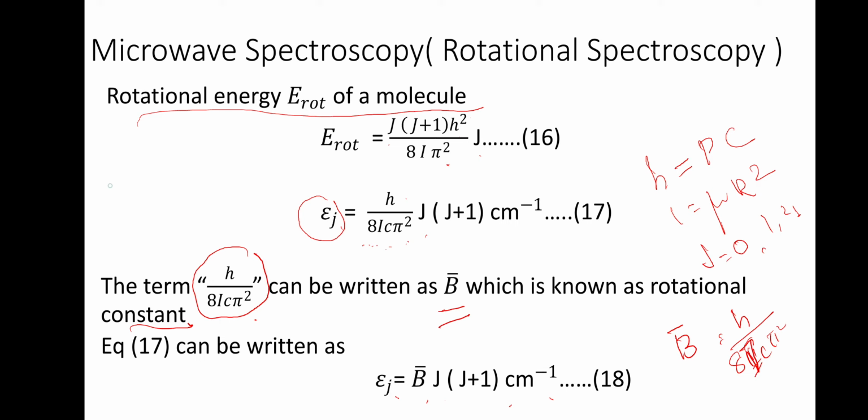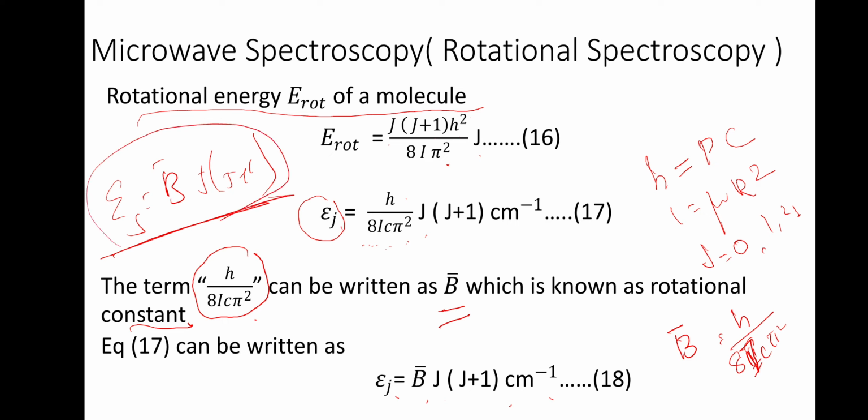So epsilon j is equal to B bar into j into j plus 1. So this is the rotational energy. In microwave spectroscopy, what we get is the spectra. Okay, so this derivation is very important.